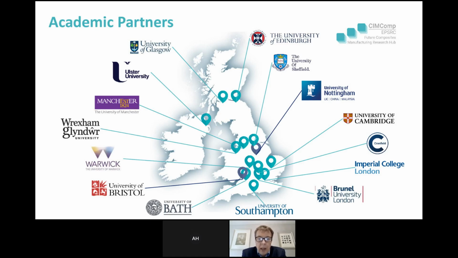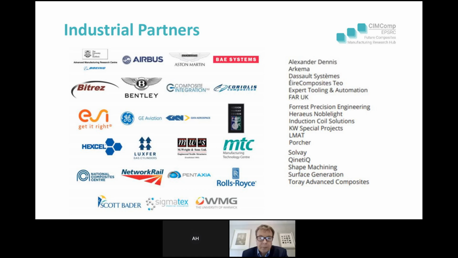So here are our UK academic partners. You'll see that we've got 15 UK universities working in the Hub, and this covers most of the composites manufacturing research activity in the UK. There are still some universities that we want to continue to engage with.